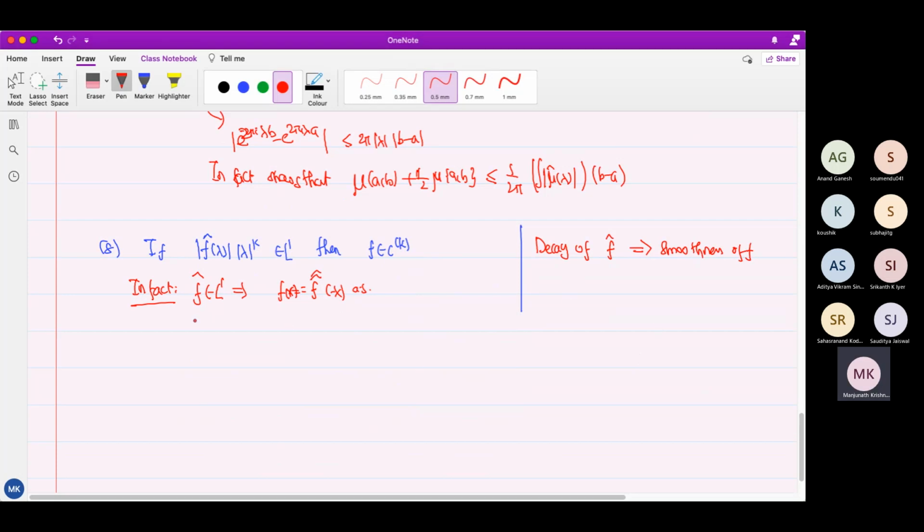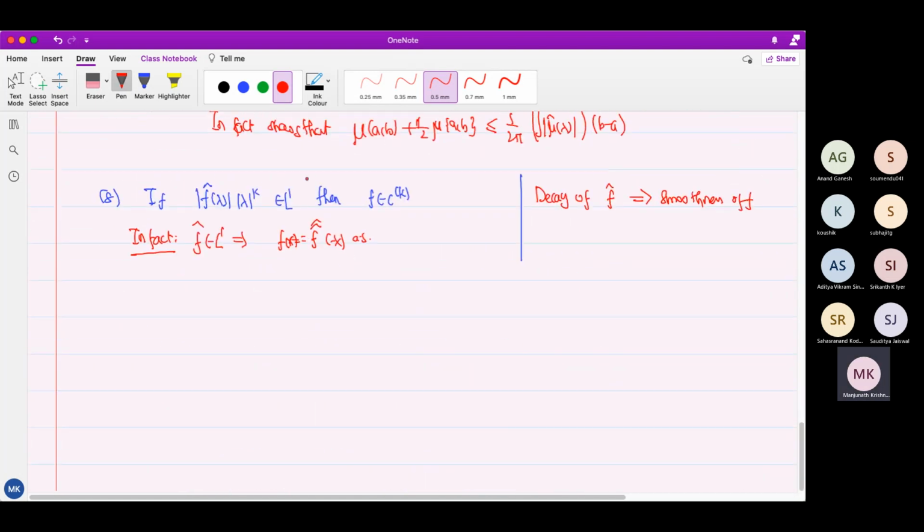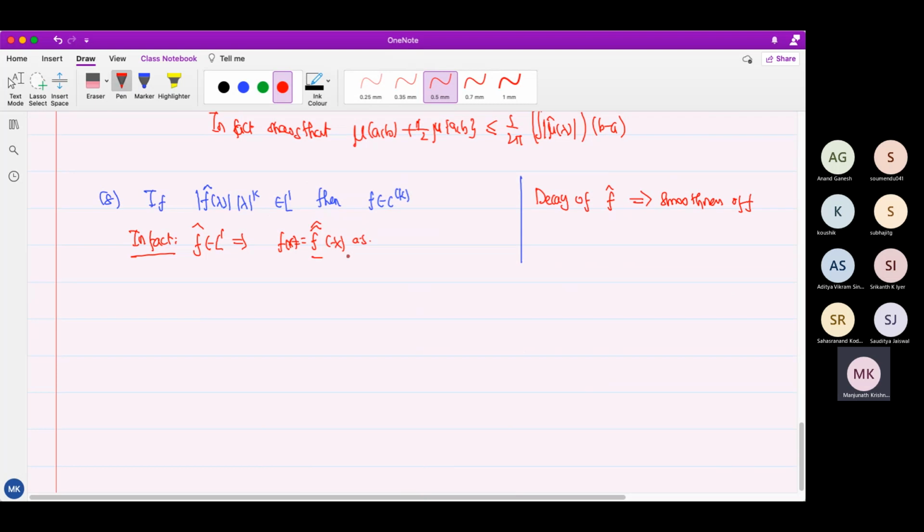Okay, so why is that? It's exactly the same as here, but we have to divide by 2 pi. So there is a 2 pi factor. This is similar to the case for mu hat in L1.